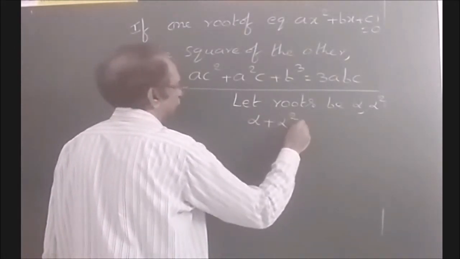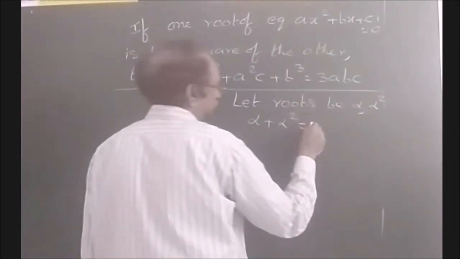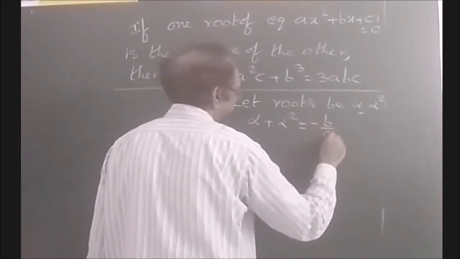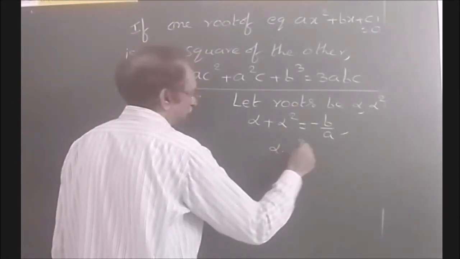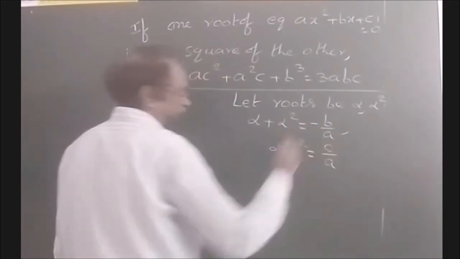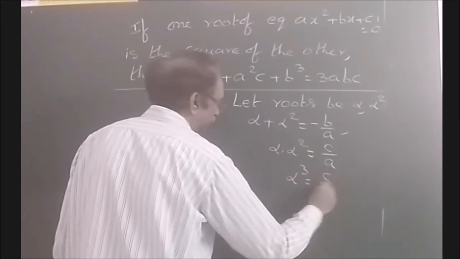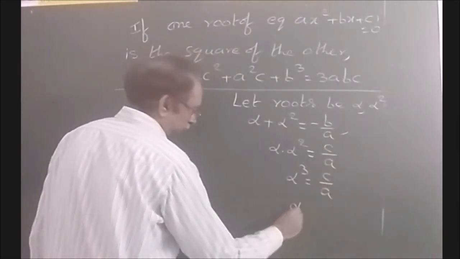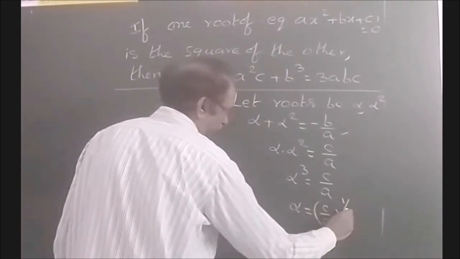Alpha plus alpha square is equal to minus b by a. And what is the product of the roots? Alpha into alpha square, from the equation, c by a. Alpha into alpha square means alpha cube is equal to c by a. And alpha is equal to c by a whole power 1 by 3.